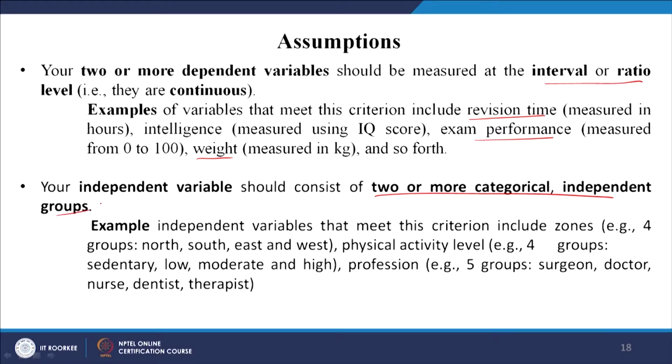Independent variables could be, for example, physical activity, profession. It is not necessary to have 2 or more; that is only when you are talking about two-way MANOVA. If it is only one categorical independent variable with several levels, then it is a one-way MANOVA, right.